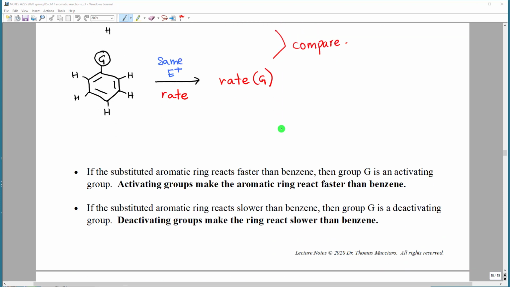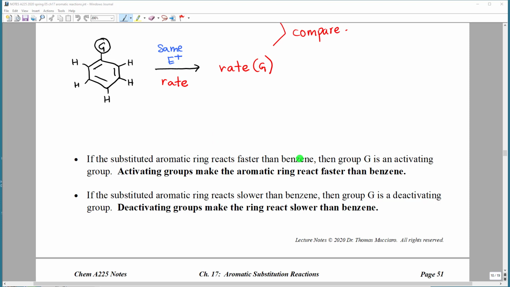If the substituted aromatic ring reacts faster than benzene, then we call the group an activating group. Activating groups make the aromatic ring react faster than benzene. If the substituted aromatic ring reacts slower than benzene, then the group is a deactivating group. Deactivating groups make the ring react slower than benzene.